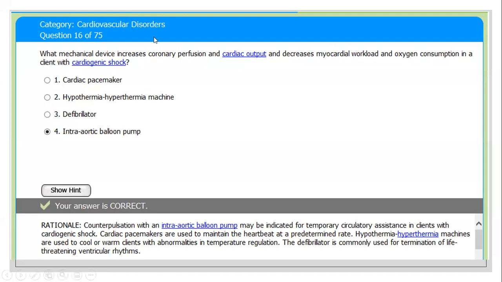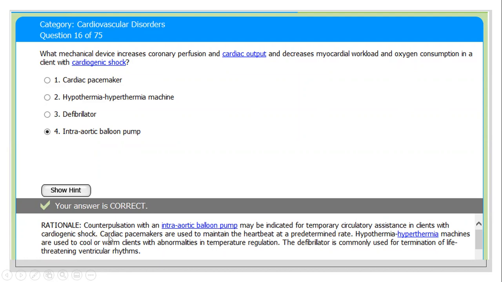So we learn that in cardiogenic shock, we use an intra-aortic balloon pump to increase the coronary perfusion. Let me read the rationale. The counter pulsations with an intra-aortic balloon pump may be indicated for temporary circulatory assistance in the client with cardiogenic shock.